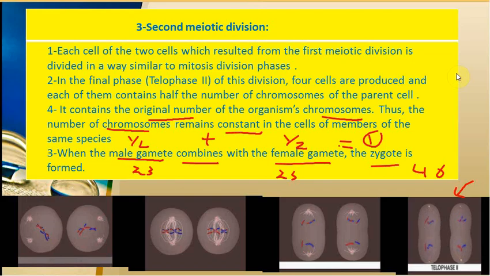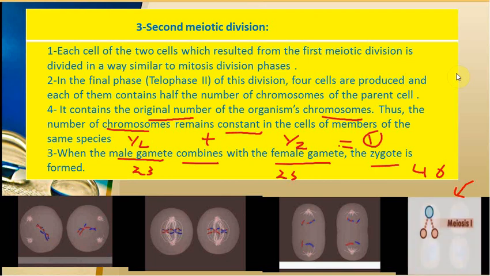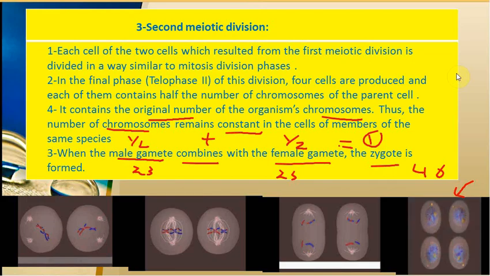And in telophase 2, two cells are divided into 4 cells. The nuclear membrane appears again with the same number of chromosomes that was found at the beginning of meiosis 2, so it will not be divided again. At the end, meiosis 1 divided one cell into 2 cells, and meiosis 2 divided 2 cells into 4 cells with half the number of chromosomes of the parent cell.